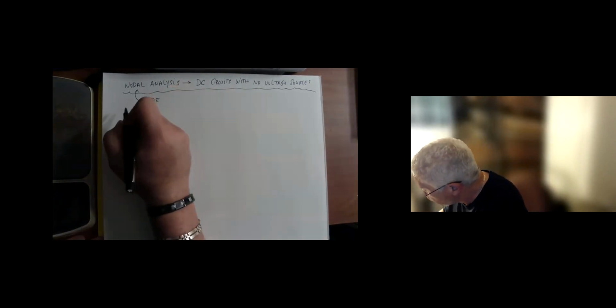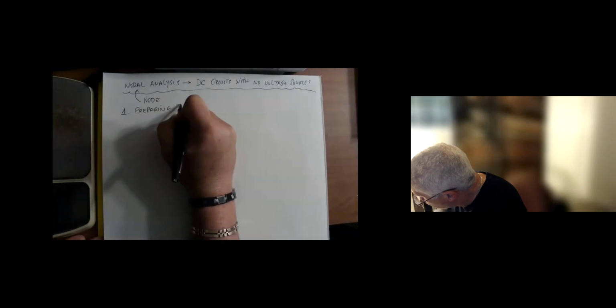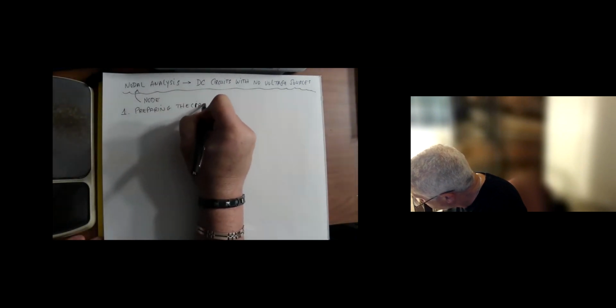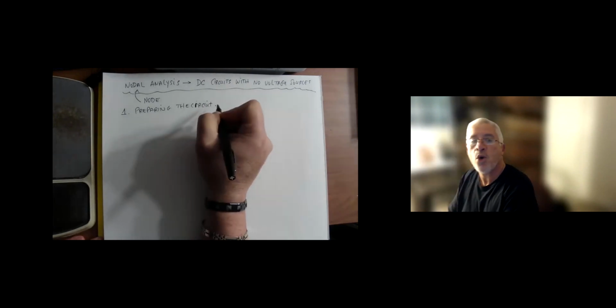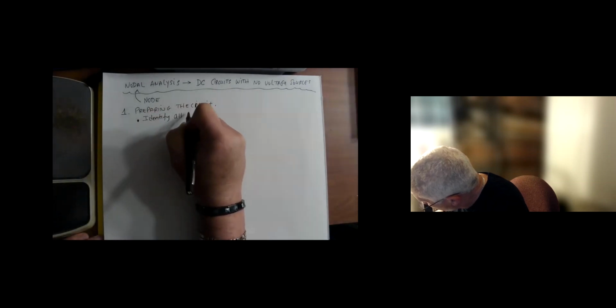So what's the procedure here? The first major step is what we call preparing the circuit. So what are we talking about, preparing the circuit? The first step is identify all the nodes.